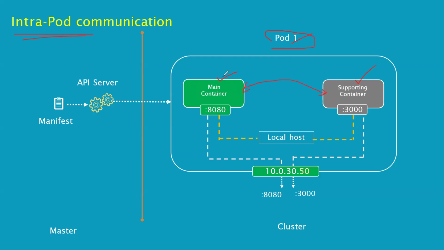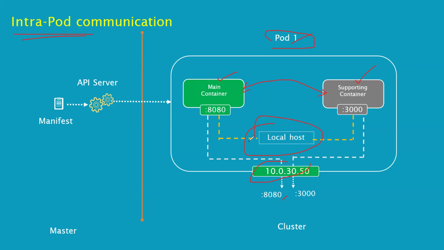Now, in order to establish this communication, either you can use the IP address of a pod followed by the port number, or within the pod, you can use localhost. The term localhost can be used for the purpose. Localhost followed by the port number.